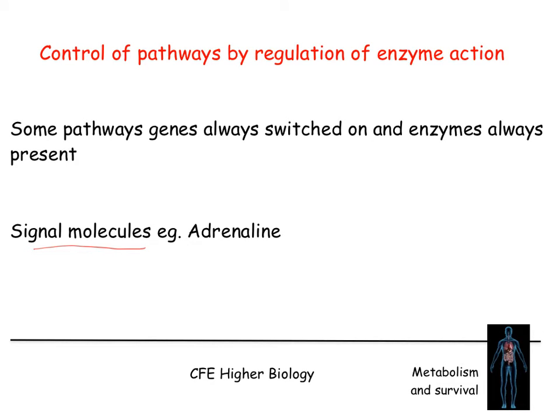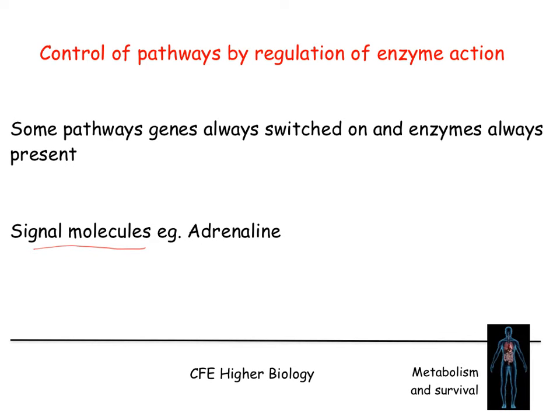In this situation, the signal molecule comes from other cells in the organism's body. So the liver cells have a pathway that is being controlled, but the signal molecule is produced in the adrenals and other cells in the organism's body, and they travel there via the bloodstream.